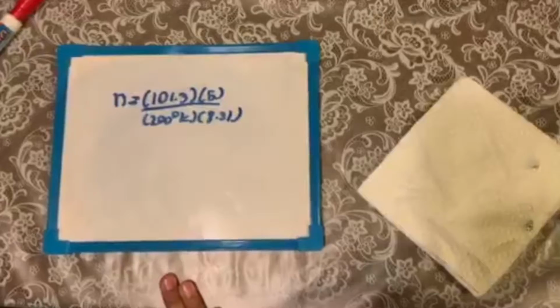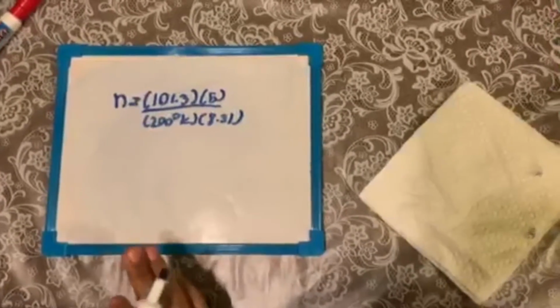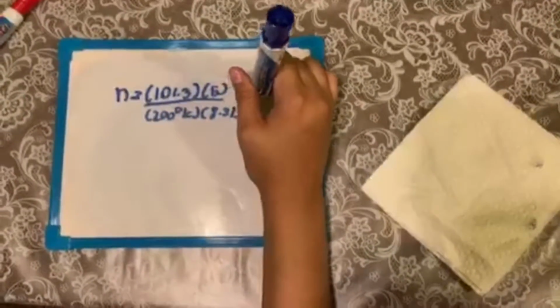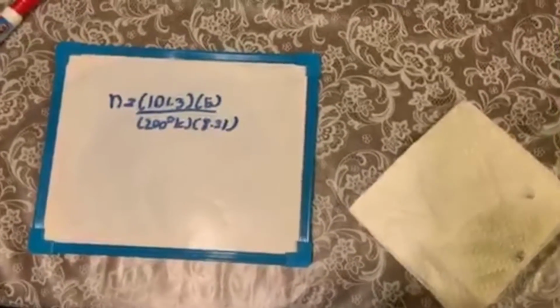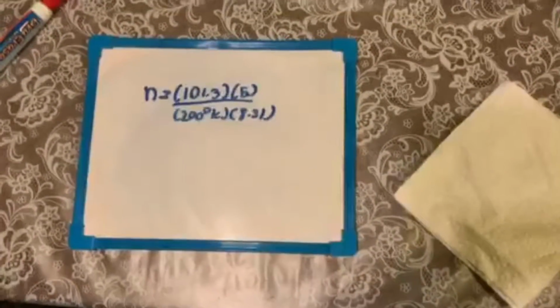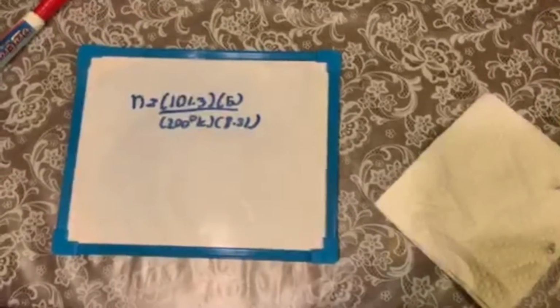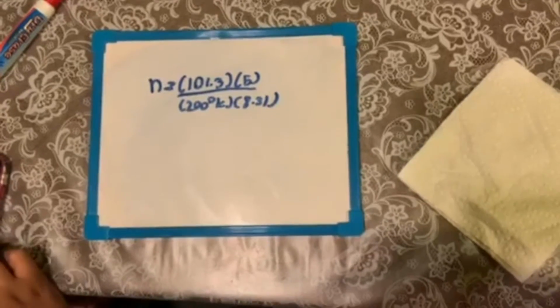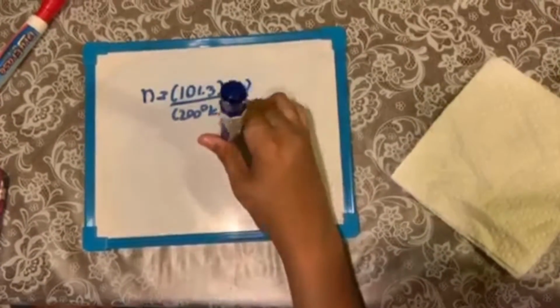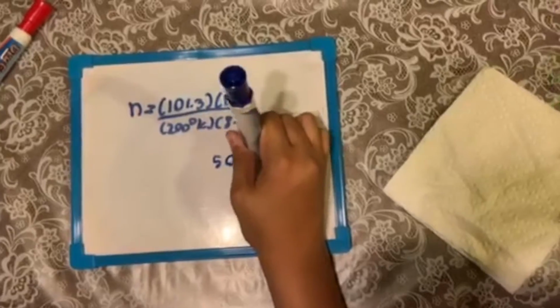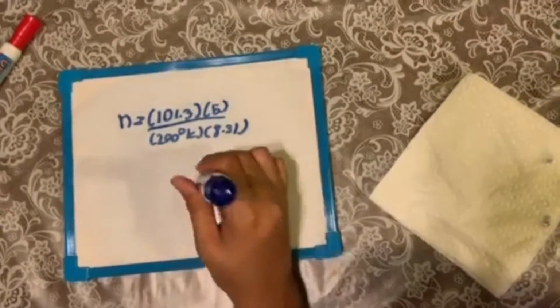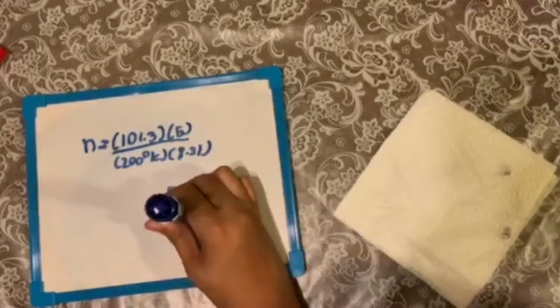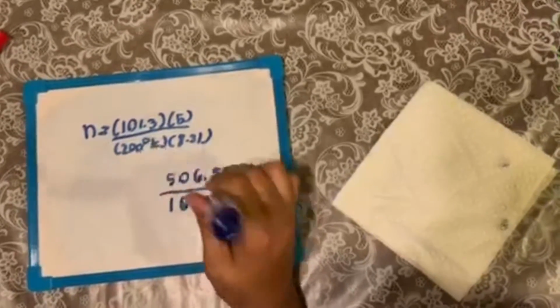So what you want to do here is you just want to multiply the top out, multiply the bottom out, and do the math. So, I'll just whip out my handy dandy calculator here. 101.3 times 5 is equivalent to 506.5. And that is divided by 200 times 8.31, which is a whopping 1662.